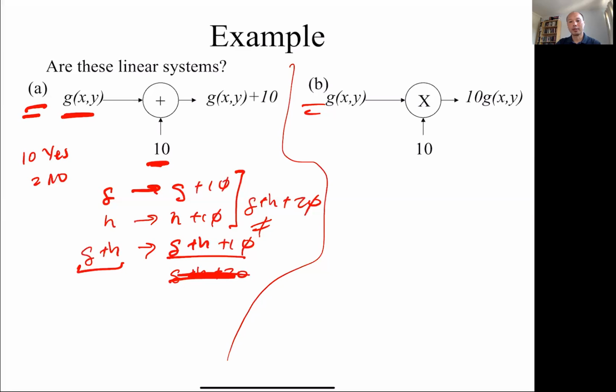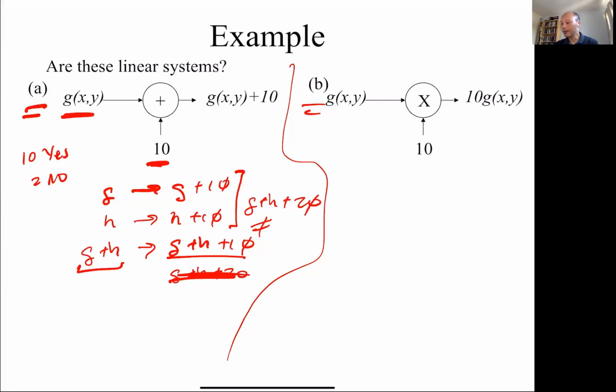Okay, let me just share the results. So we have 75% yes, 25% no. So let's take a look at this and see what we think it should be.